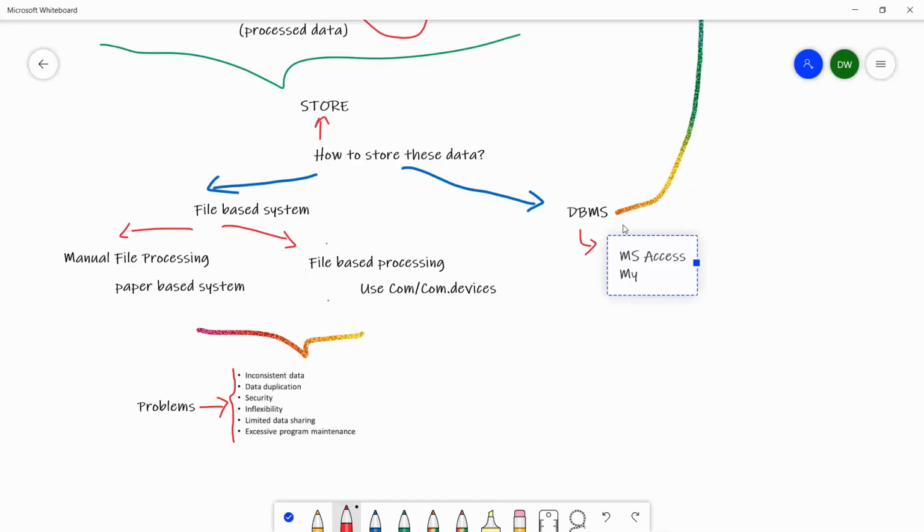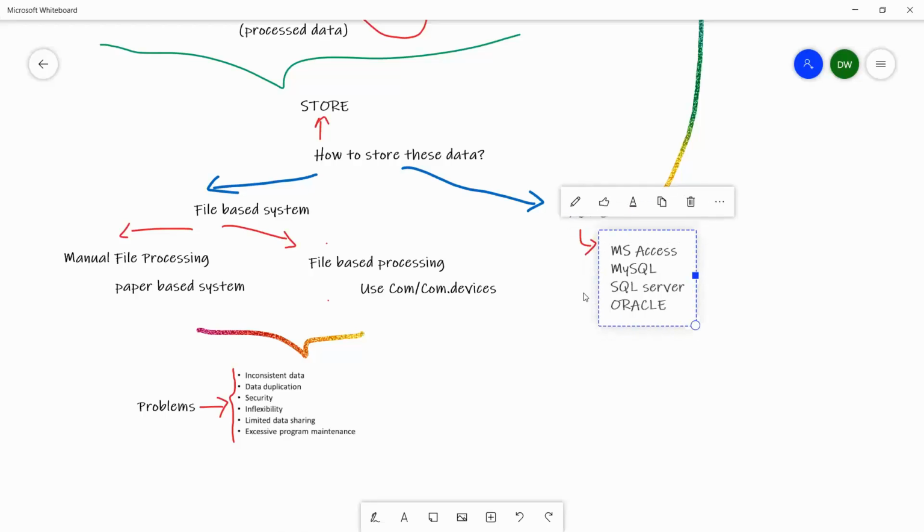And MySQL and SQL Server and Oracle. So those are some of the database management systems available. You can buy these and then use them to store your information.